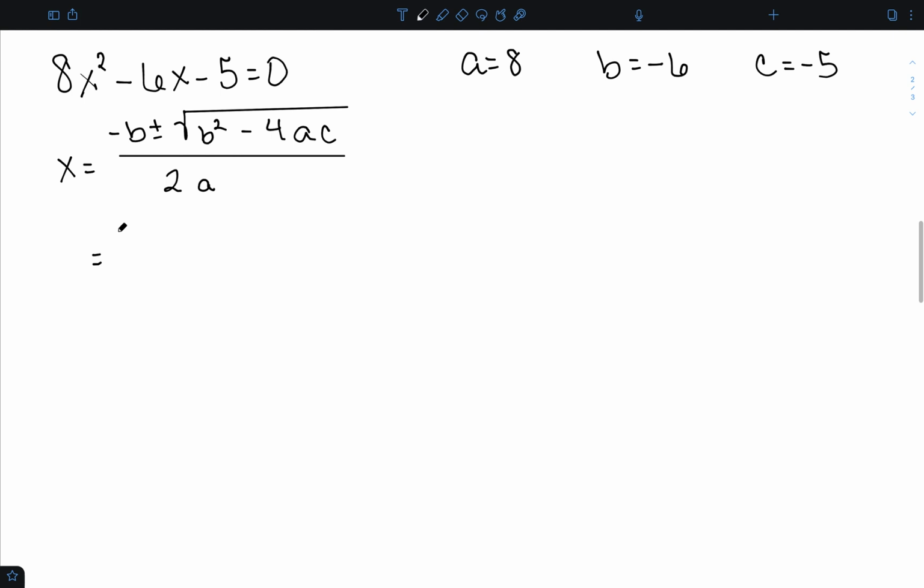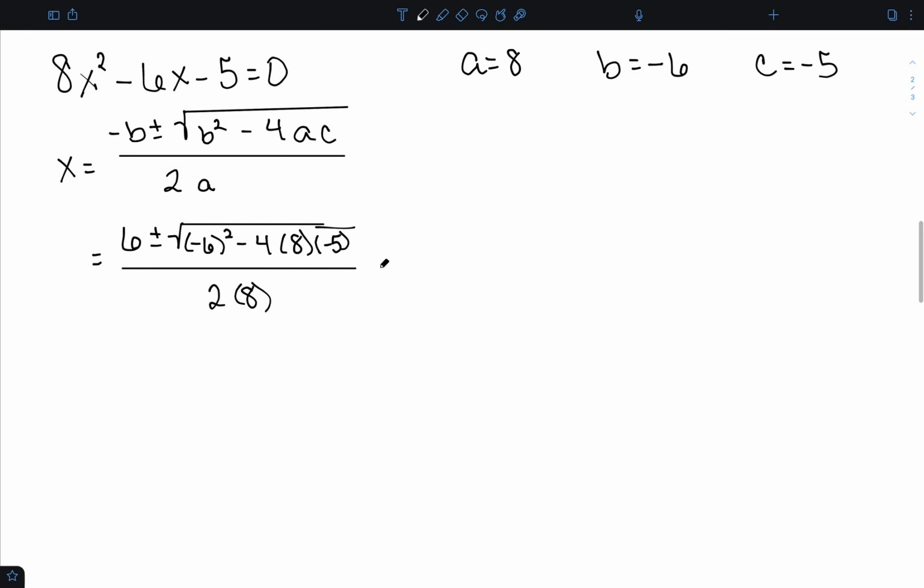So in this case, we have negative 6, which is positive 6, plus or minus the square root of negative 6 squared minus 4 times 8 times negative 5, all over 2 times 8.